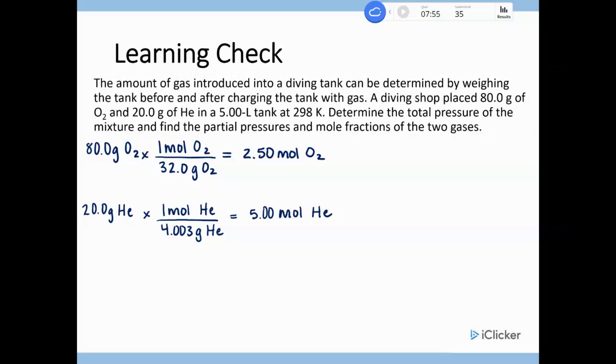So our total moles is just the sum of these 2. So I'll just sum them right here. Total, 7.5 moles. So 80 grams of oxygen, 20 grams of helium. We have a total of 7.5 moles of gas.